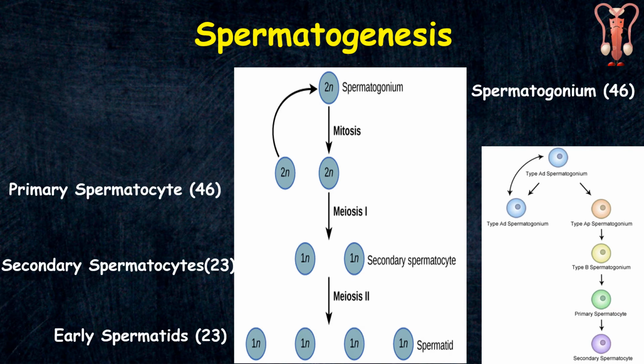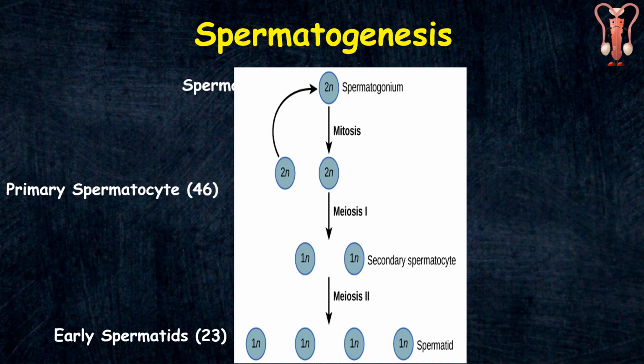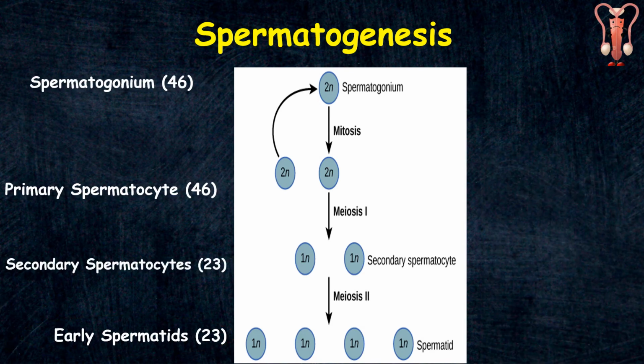The early spermatid is a small round cell with a spherical nucleus containing the haploid number of chromosomes, that is 23. The late spermatids are formed when the early spermatids undergo changes in the shape and orientation of the organelles.